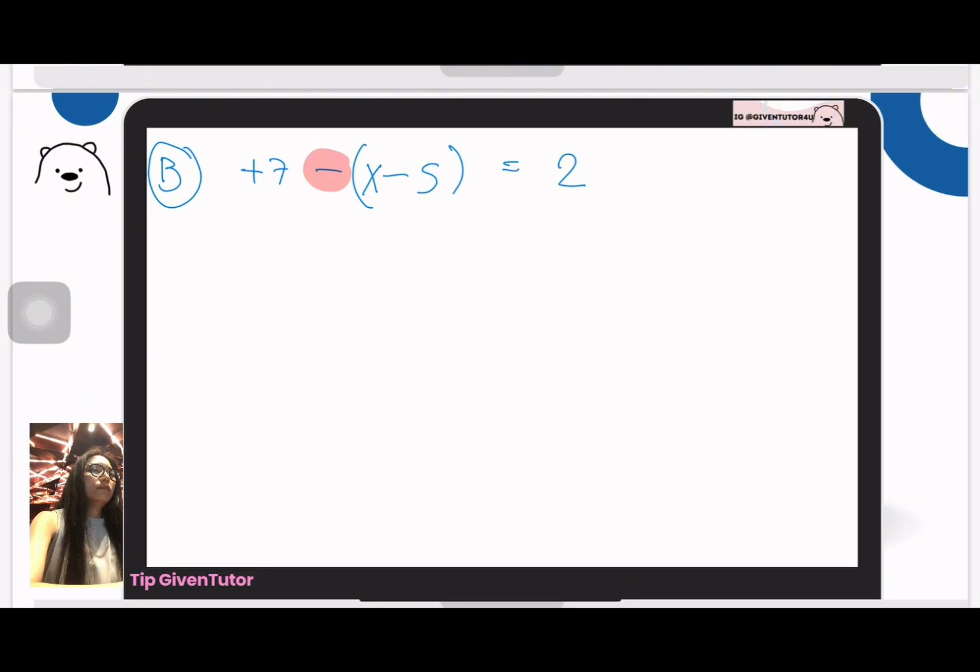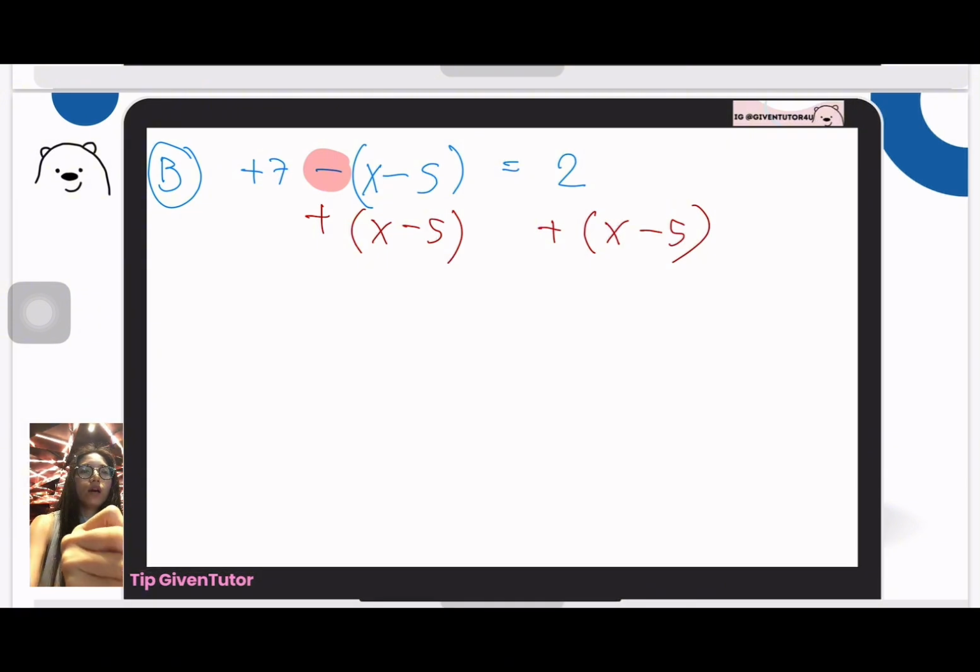Plus, so do the same. Plus x minus 5. When you remove all the brackets like this one, right? What we have right here is still plus 7, and 0 plus 0, because those things will be 0. So this one is 2 plus x minus 5.